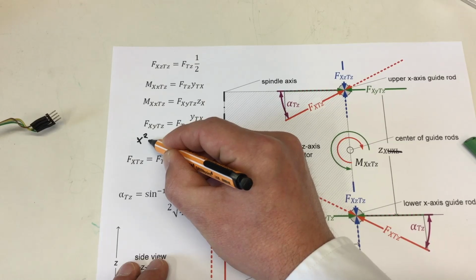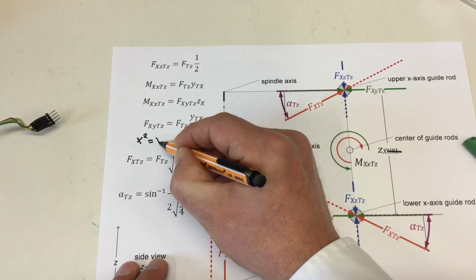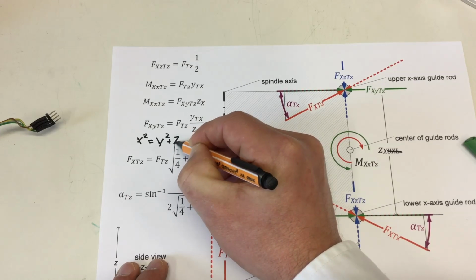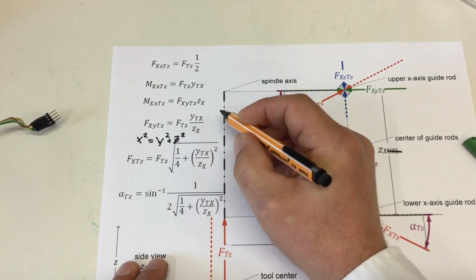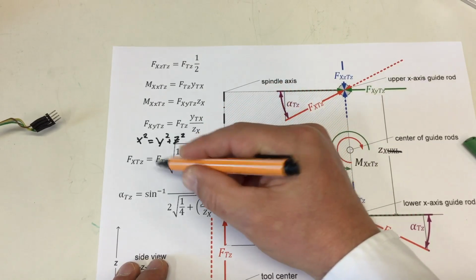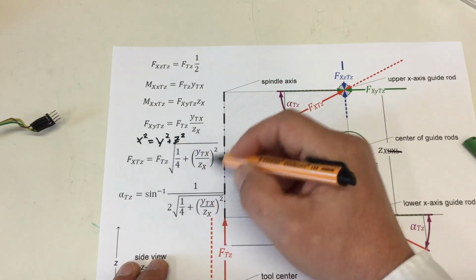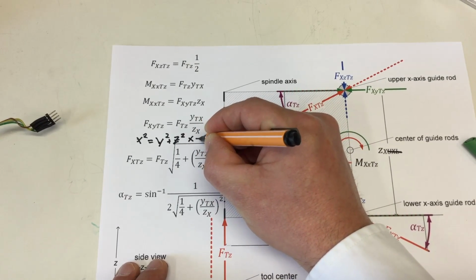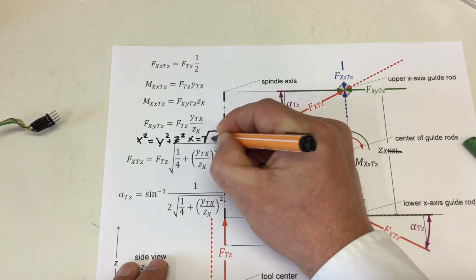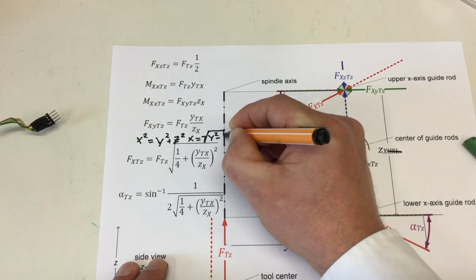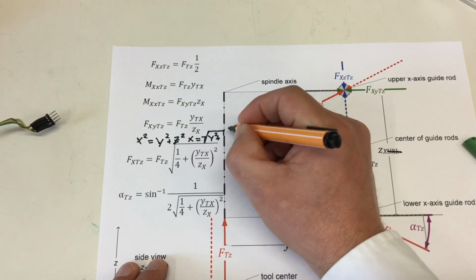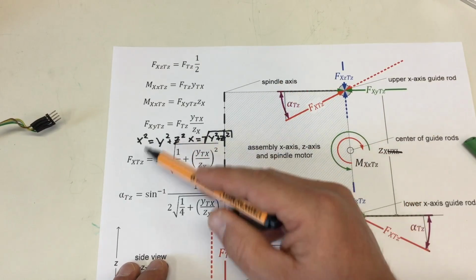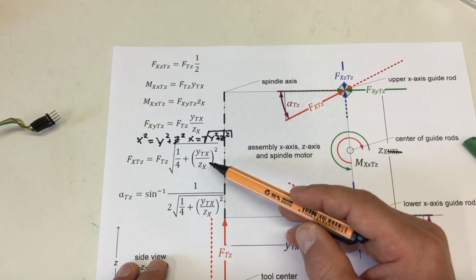And Pythagoras simply says that the longer side squared is the two shorter sides squared summed up, and that is where this term is coming from. It is the root of y squared plus z squared. But I spare you the algebra. That's basically our result.